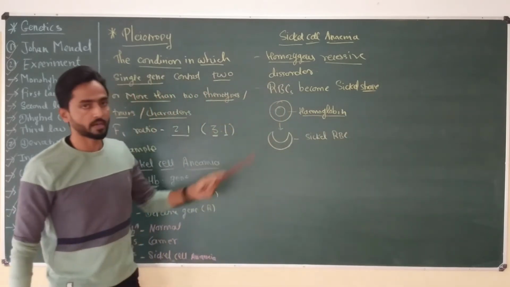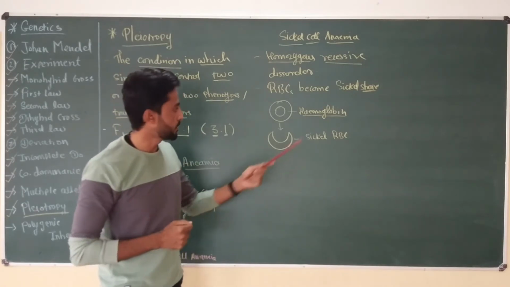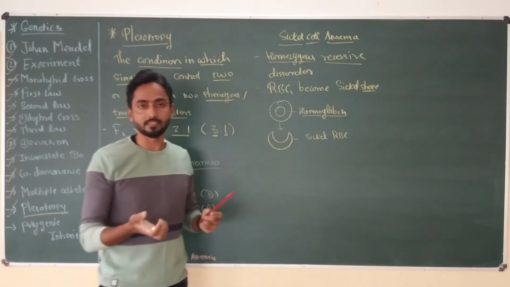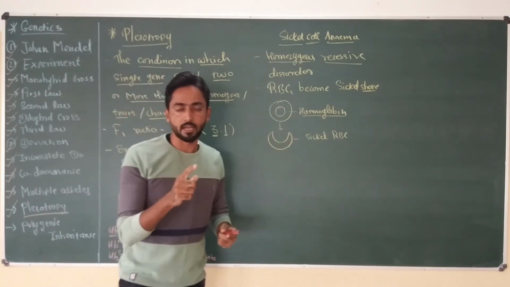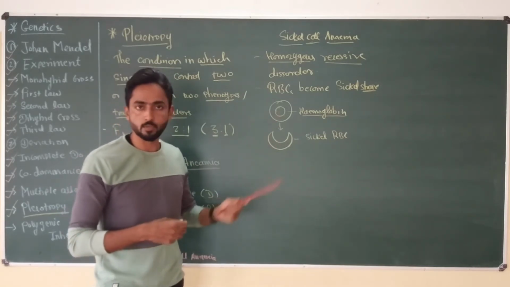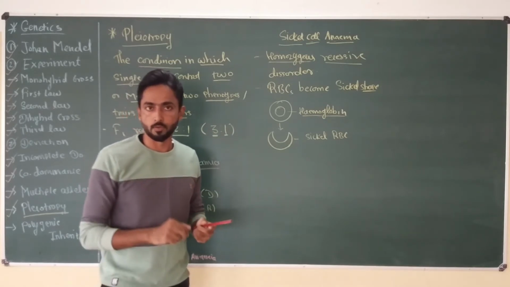Okay, the main function of RBC is to transport gases in the blood, and this happens due to the presence of hemoglobin inside the RBCs. RBCs are non-nucleated cells which contain a large amount of hemoglobin, and each hemoglobin can bind to 4 molecules of oxygen, so that RBC have the ability to transport large amounts of oxygen to and fro from the body.